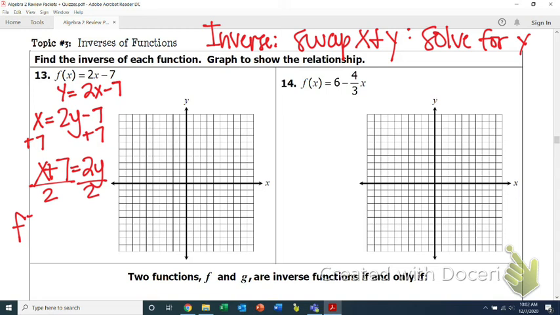The inverse is x plus 7 over 2. All right, then you can graph those. You can just put them in your calculator and graph them. They'll look something like this.